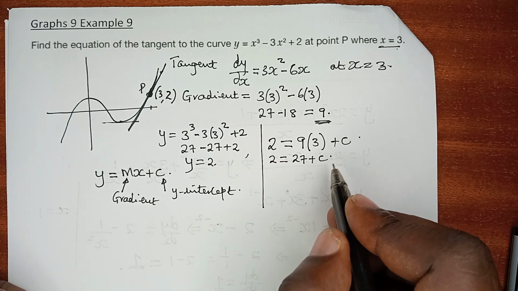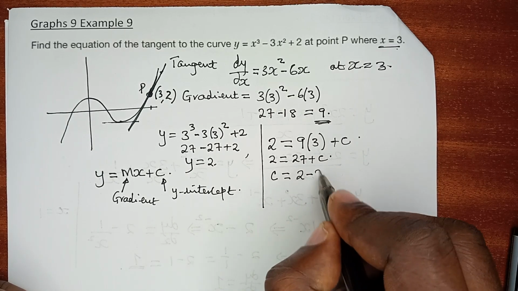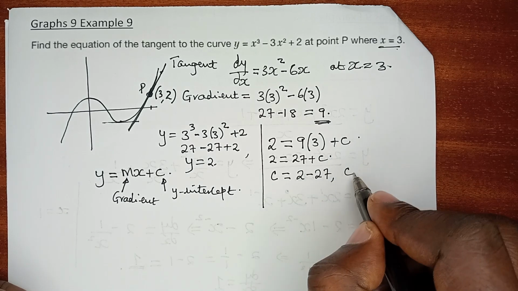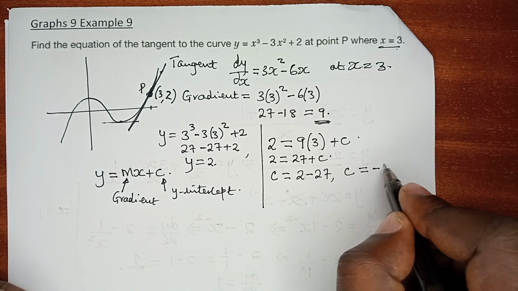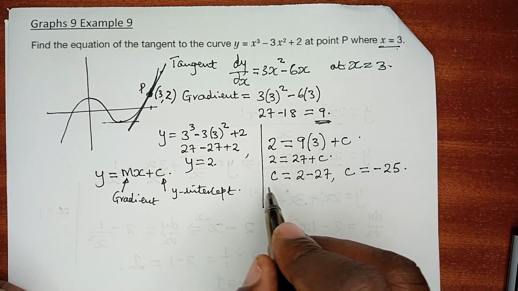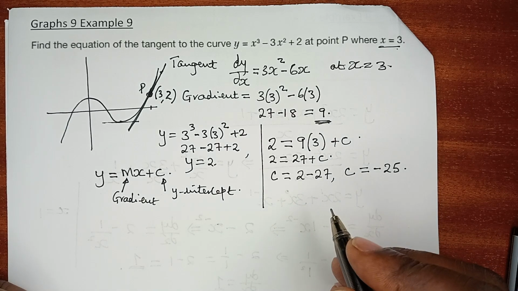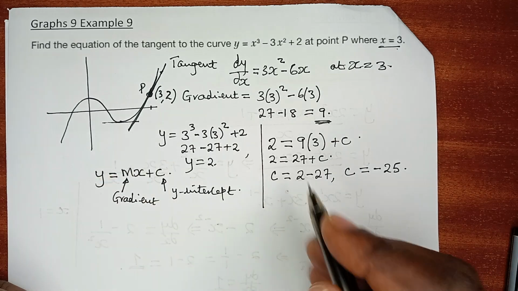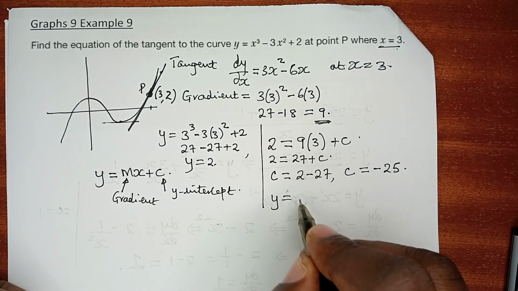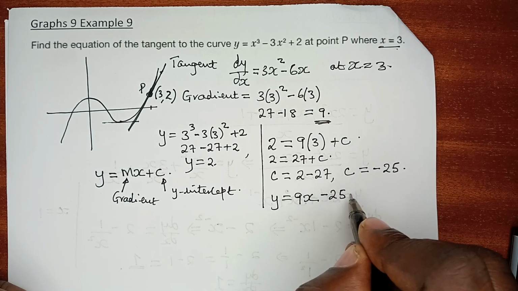If you make c the subject, c equals 2 minus 27, so c is equal to minus 25. Having found all the parameters, we can now write the equation of the tangent as y equals 9x minus 25.